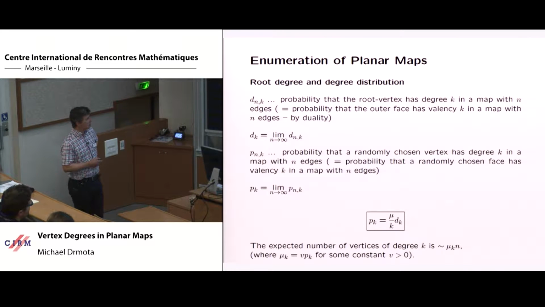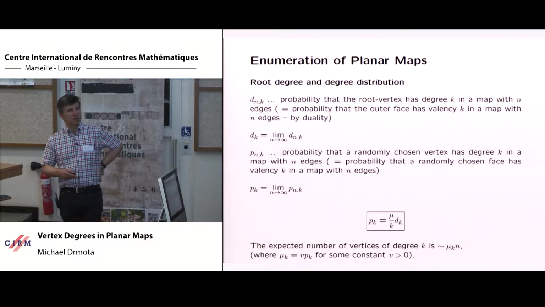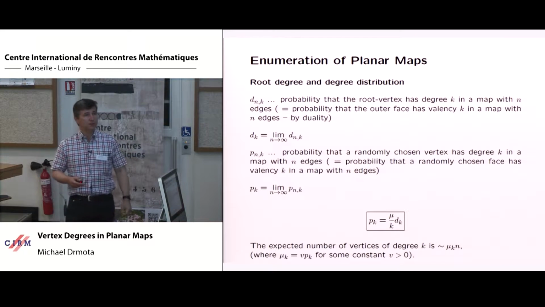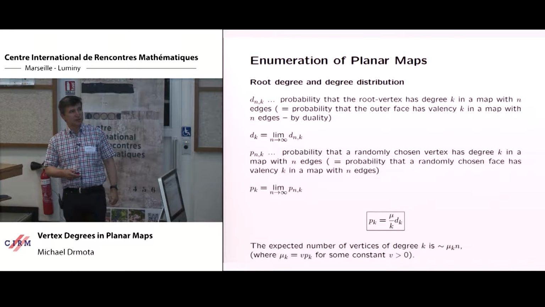And of course, this probability is related to the expected number of vertices of degree k. It's related to this concept by a fixed value, which is just the asymptotic proportion between the number of edges and vertices. From this you get that the expected number of vertices of degree k is proportional to n with a fixed proportion mu_k, which is positive for every k.